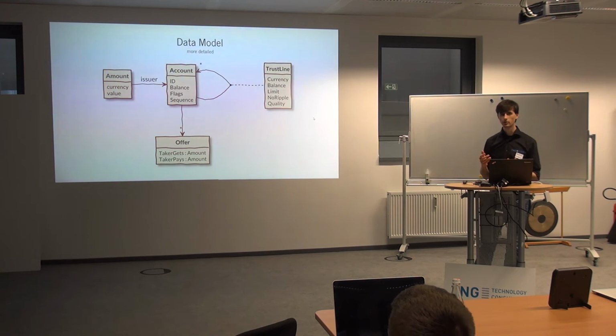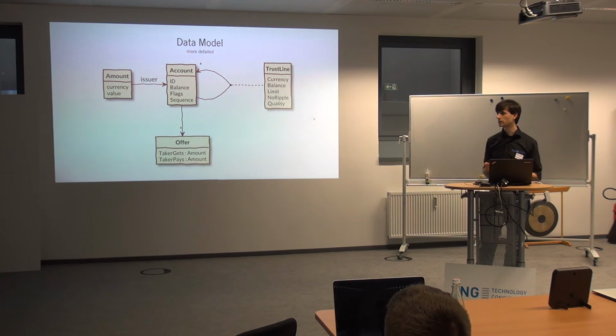It's basically limit orders where you say you would be willing to sell 100 euros for 110 US dollars, for example. So you would put that inside Ripple and say the taker gets 100 euros and he would have to pay the 110 US dollars to you. And then somebody else can come and take this offer.